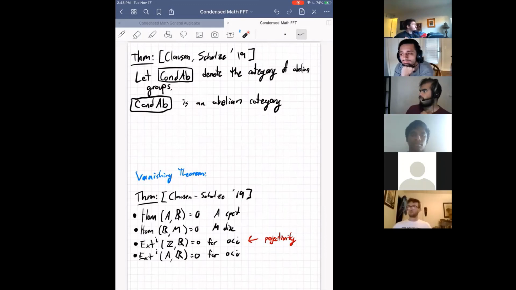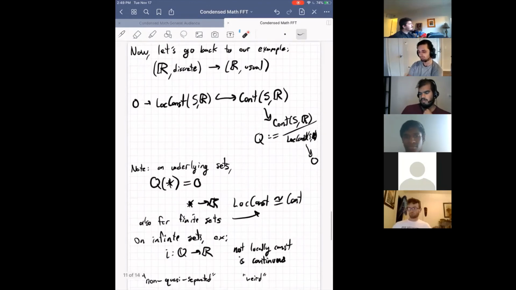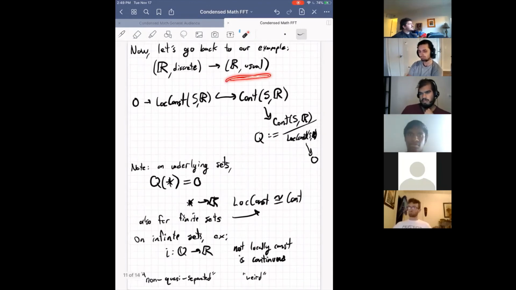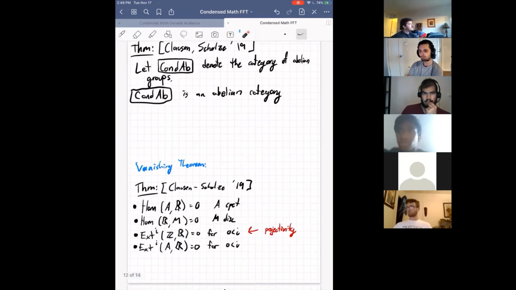But in the case where a condensed abelian group comes from a usual abelian group, the homomorphisms are exactly those homomorphisms of abelian groups. So in this case, that's all that happens here.